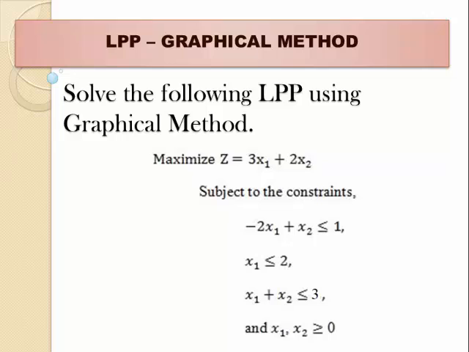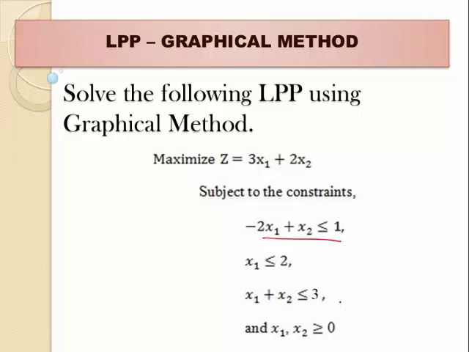So in the graphical approach, it is required to represent all the constraints in the graph. But we cannot directly represent an inequality in the graph, because the constraints are in the form of inequality functions.